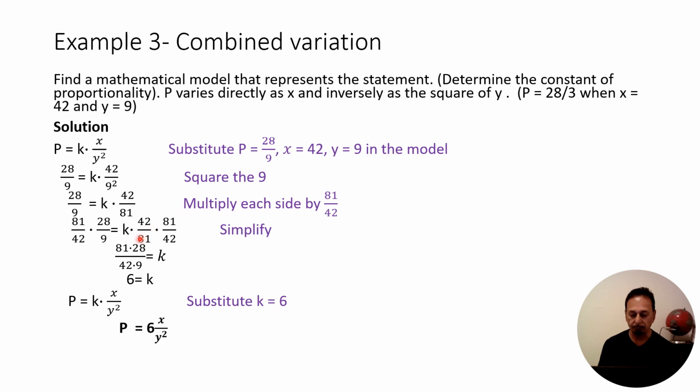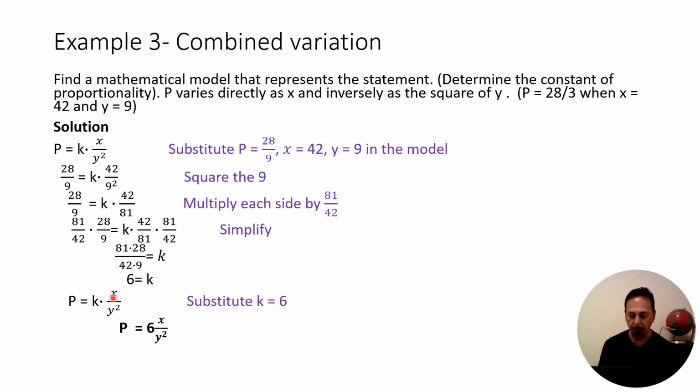We can cancel 81 with 81, 42 with 42, and we have k on the right side. Now we can multiply 81 times 28 divided by 42 times 9. Put this in the calculator and we get k is equal to 6.